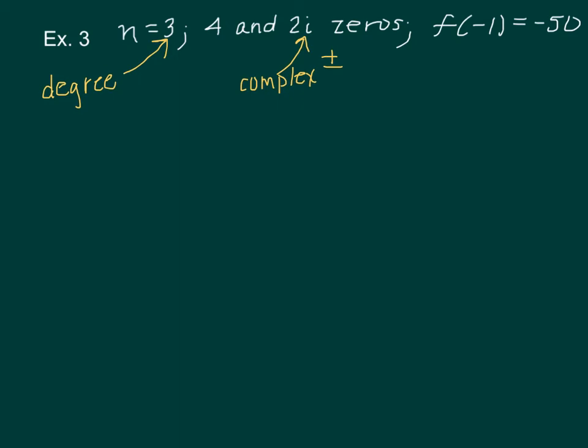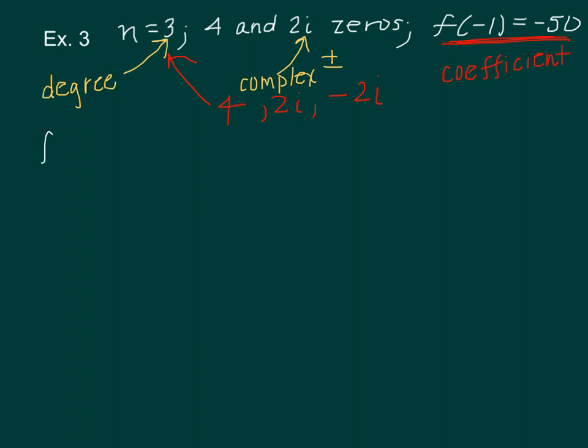For some reason, they don't write the opposite, but you know that if you have a 2i, then you also need a -2i. So actually, there are 3 zeros to match your degree. And then this information we're going to use later to help us get our coefficient. So that's the information they gave us.